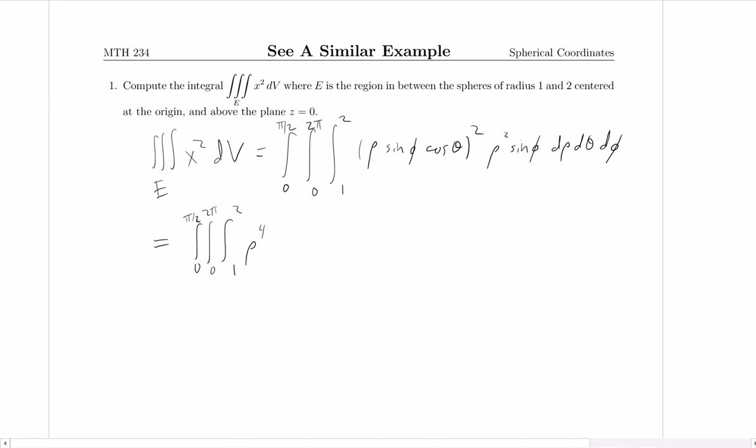We get a sine squared of phi from the parentheses and a sine of phi from the differential, so we get sine cubed of phi, and we have cosine squared of theta. And the order we set it up was rho, theta, phi.